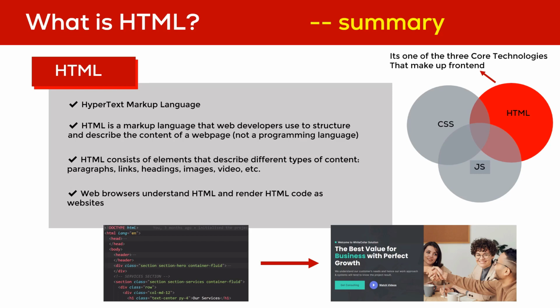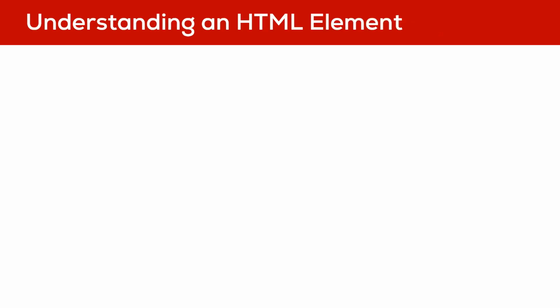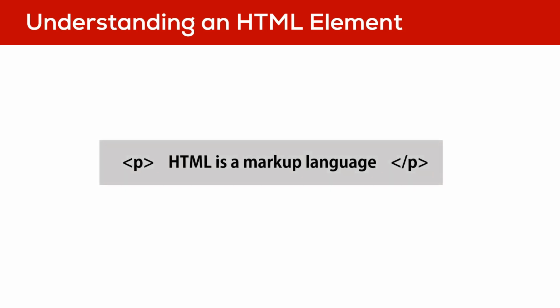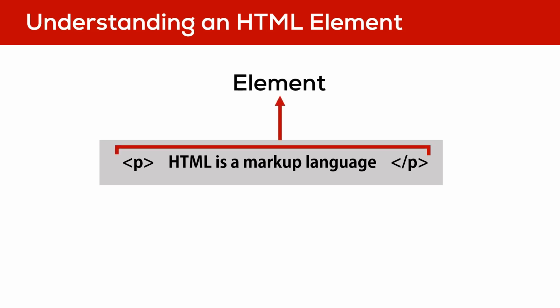Now, let's understand what is an HTML element. Previously, we wrote some code where we wrote the paragraph element and we also wrote the button element. So we said an element looks like this, and the element consists of three parts.